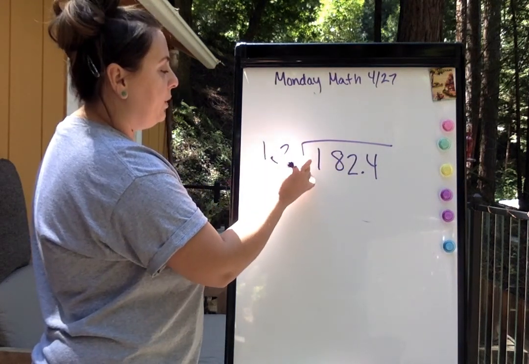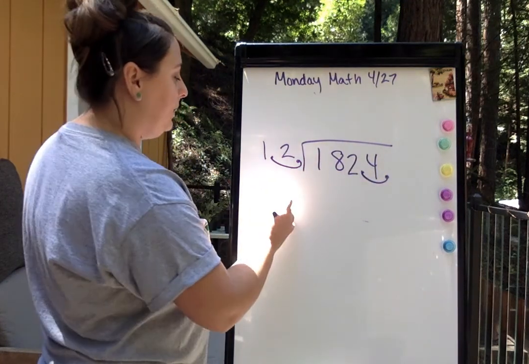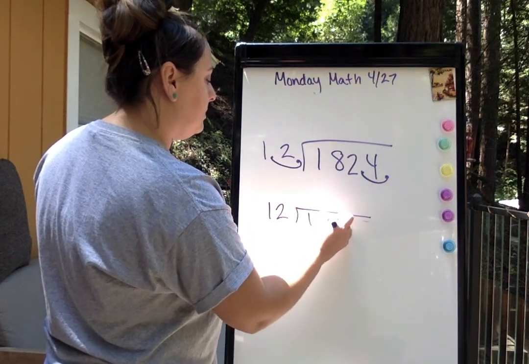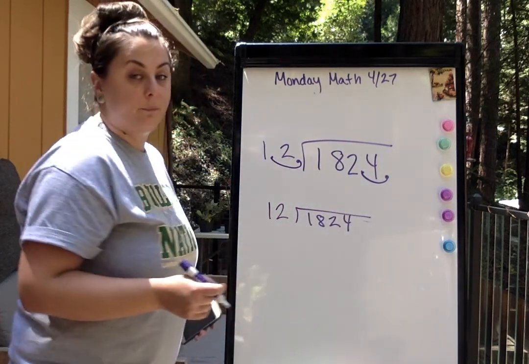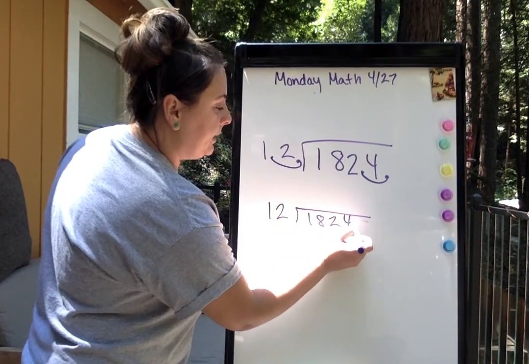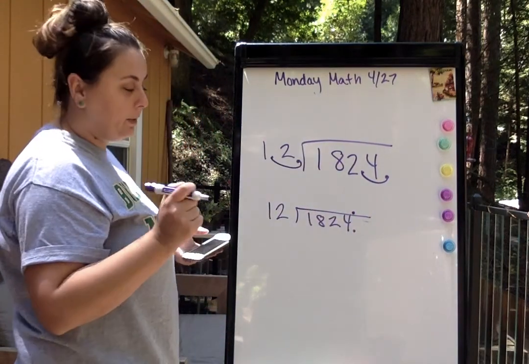So if we come over one space here, it means we come over one place here, leaving us with 12 into 1, 8, 2, 4. Okay? And technically the decimal place is right here, so if we need it, we're going to put it right there because it comes straight up, remember?